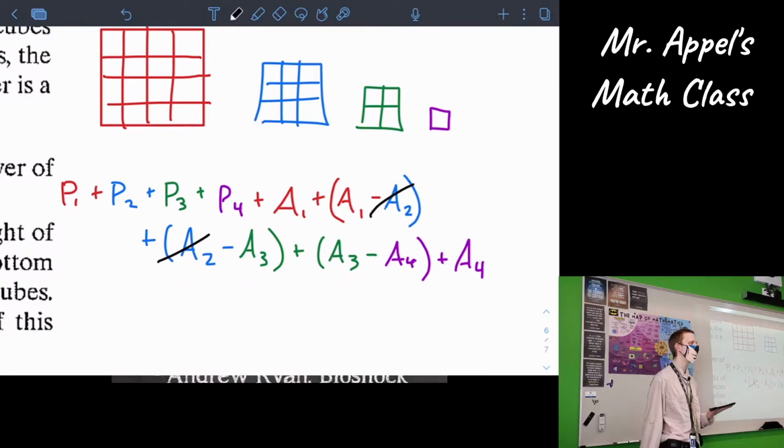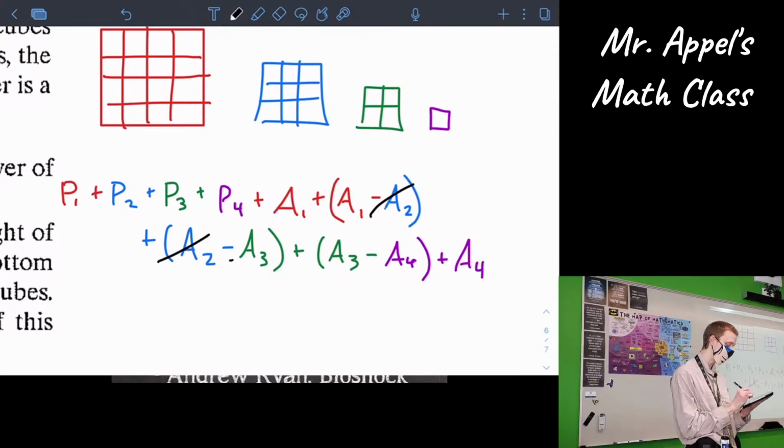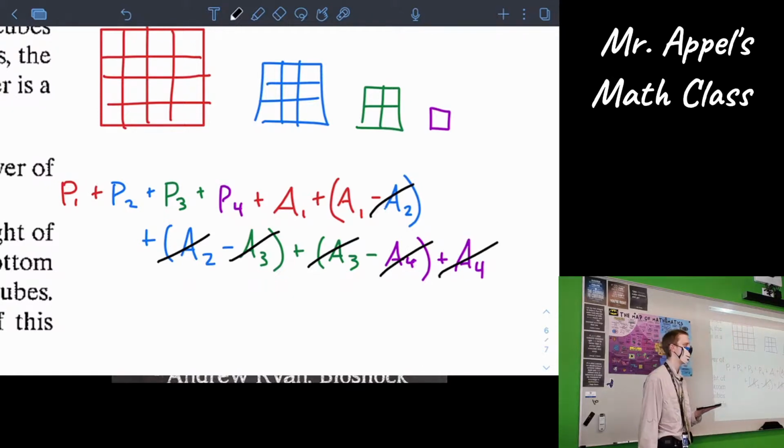Isn't that going to be 0? Add area 2, subtract area 2, right? I've got a minus A3 plus A3, done. I've got a minus A4 plus A4, done. Huh. Those extra layers do not change the surface area at all.